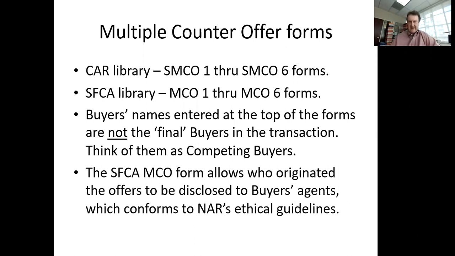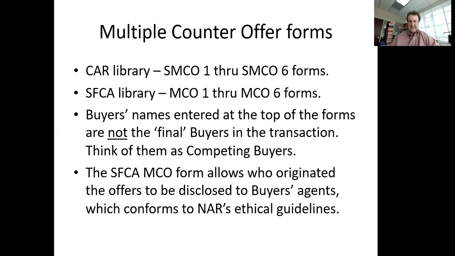And so we came up with thinking of them as completely different fields, not buyer 1, buyer 2, seller 1, seller 2, but we gave them completely different field names so that you can enter more than one name in the same transaction. So you set them up, think of them as competing buyers, and then when you've selected a particular buyer for one of your listings where you've had multiple offers, you need to re-establish buyer 1 and buyer 2 as that winning buyer.